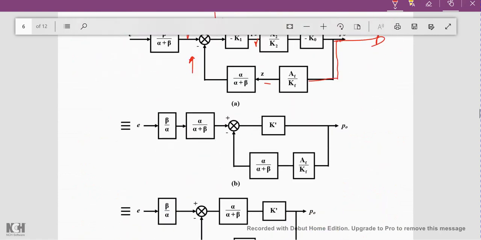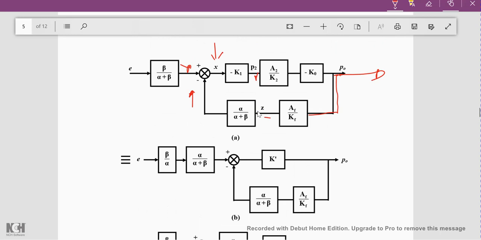We have already got P2 here, so we just multiply the gain E2 by K2 to that P2 value, and we get Y here. Now that Y is multiplied by the gain minus K0, and we get P out. That P out is again fed here. You have already seen how we obtained this signal.